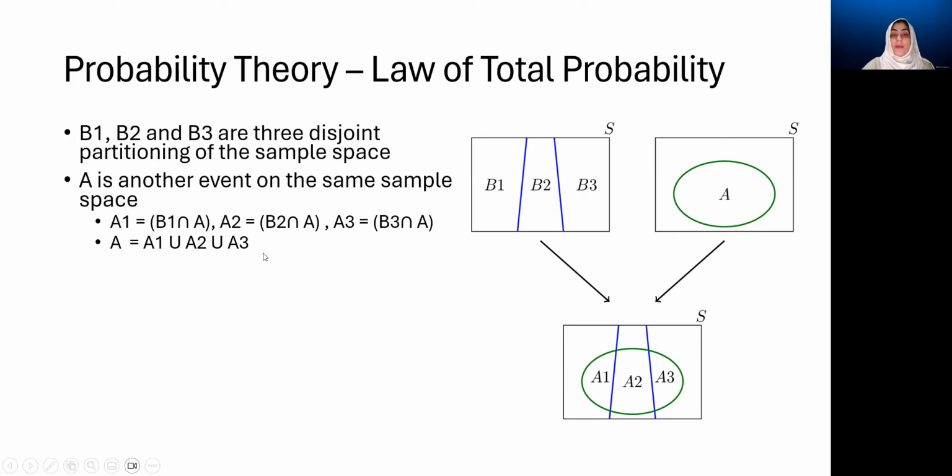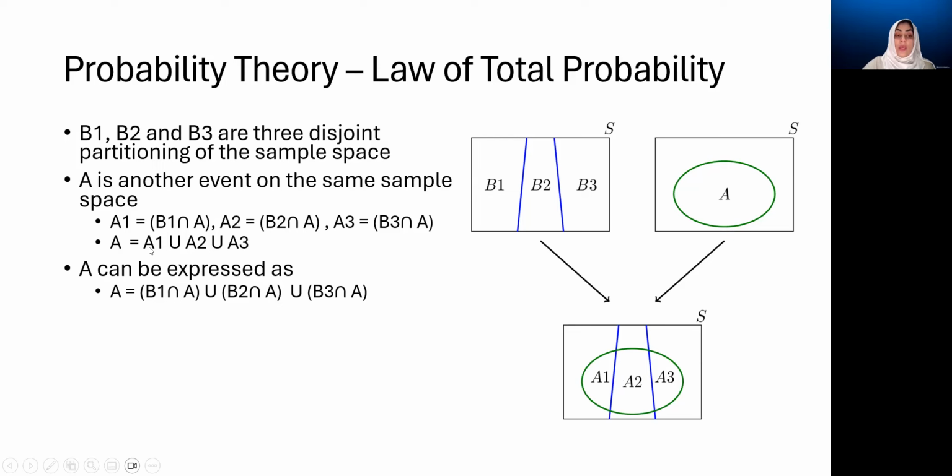So we can simply add them together. We can add their probabilities. Now, A can be expressed as this: since A is equal to A1 union A2 union A3, A1 can be replaced by the value we have computed here.